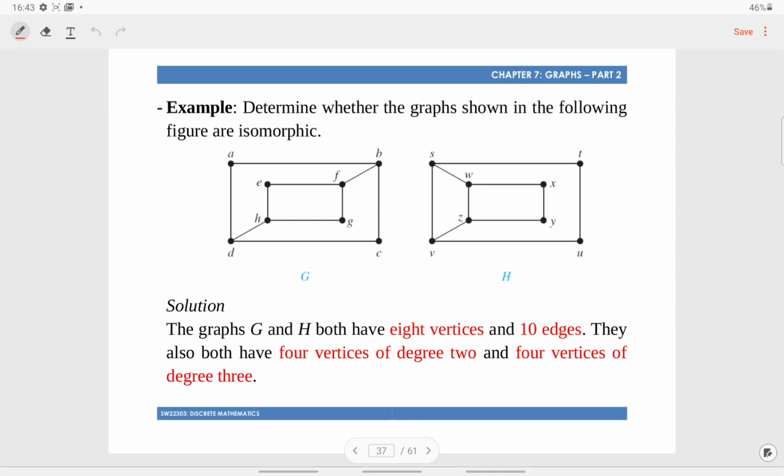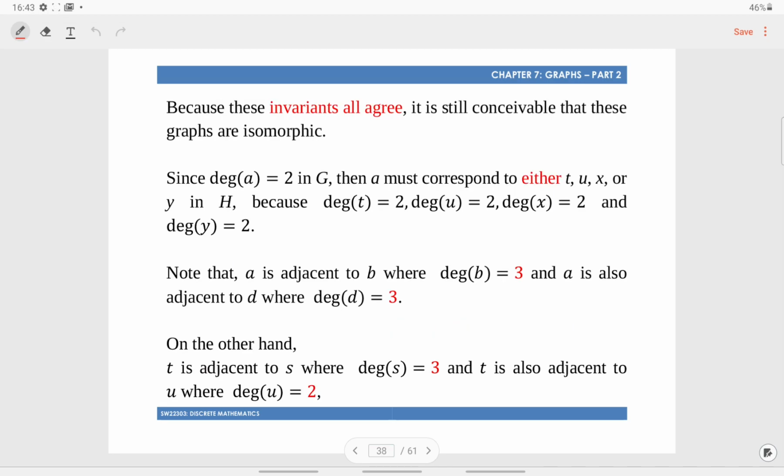That means it is possible for us to map from the graph G to the graph H. Because these invariants all agree, it is still conceivable that these graphs are isomorphic. So we cannot conclude yet that these two graphs are isomorphic.